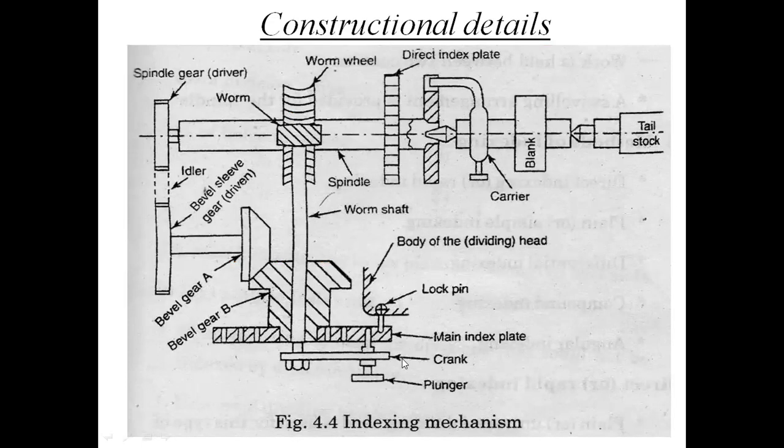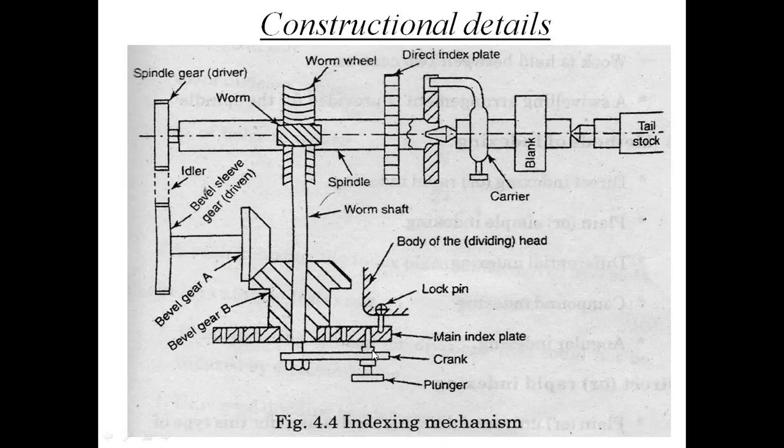The first movement is a rotation of this crank, and the second movement is removing that lock pin from the backside and rotating this index plate. After releasing the lock pin, this index plate is free to rotate. After removing this lock pin, this index plate will rotate, and the second movement is rotation of that index plate along with this complete assembly, with crank pin, crank and plunger.